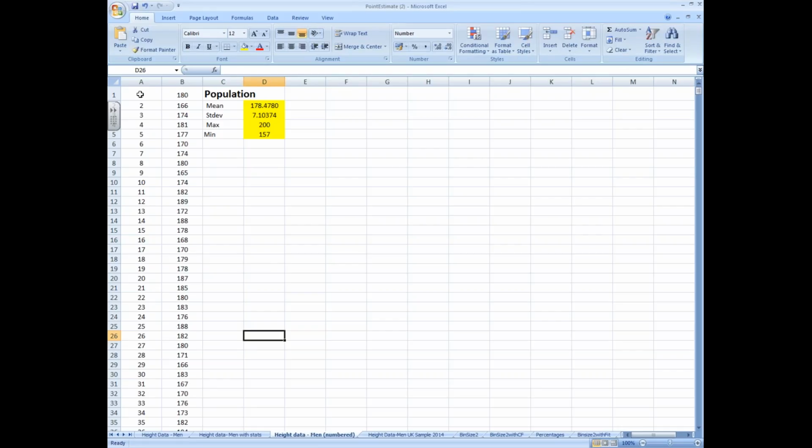So now I've just put the numbers 1 to 1,500 down the side of my 1,500 male heights. I've also used Excel to work out the mean and standard deviation of the entire population, and we'll come back to that later. But the important thing, for taking a sample, is that I've numbered all the data points.